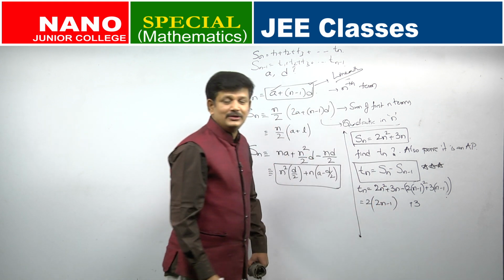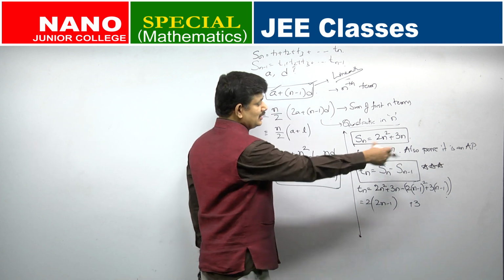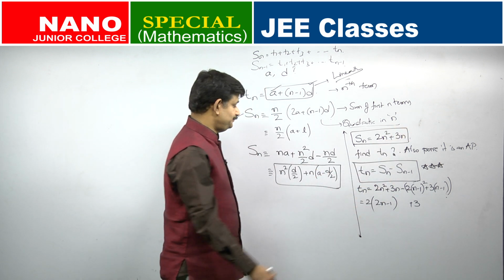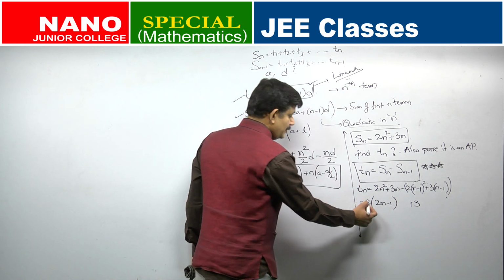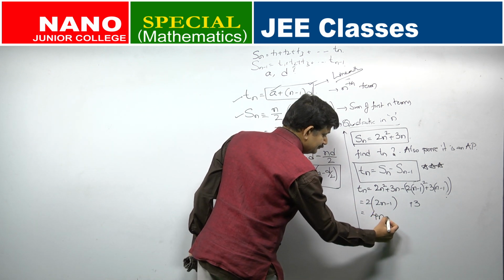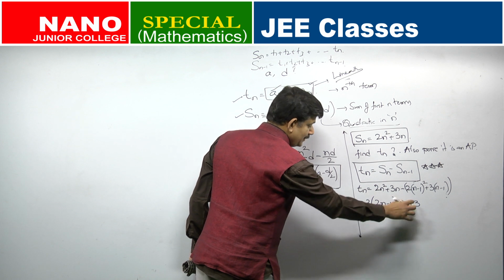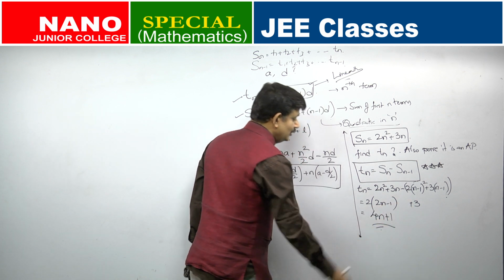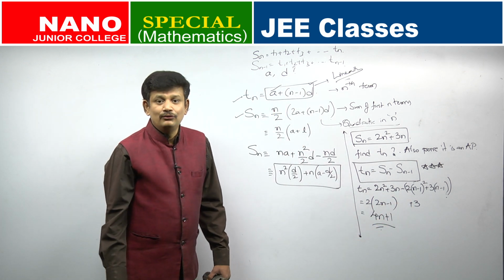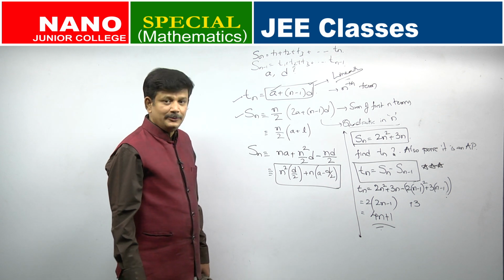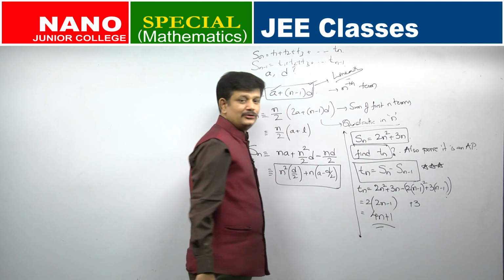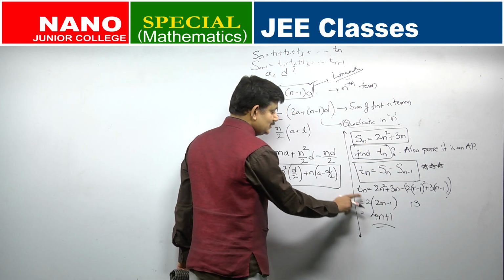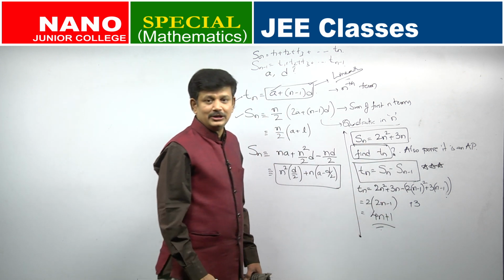So, this way simplification will be very simple, or else you can expand it and subtract. So, what will this be? 4n minus 2 plus 3, 4n plus 1. So, the nth term will be 4n plus 1. The first part of the question was to find the nth term, so the nth term is 4n plus 1.